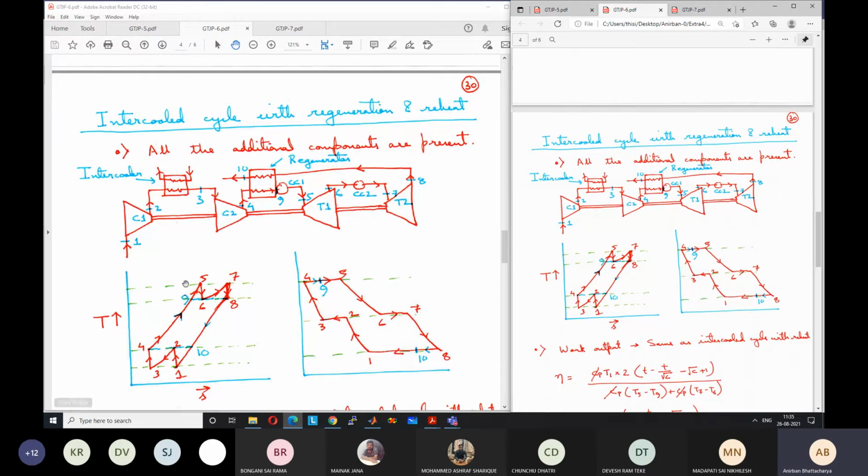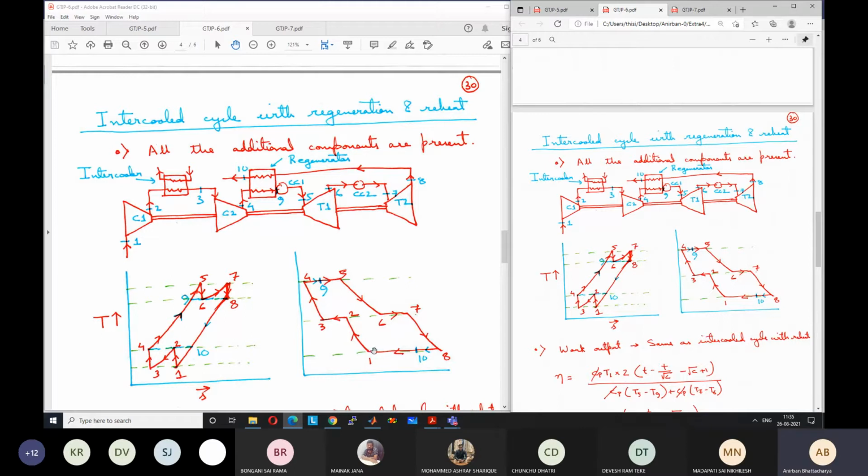Ultimately we have a large scope for regeneration. So regeneration is very effective with intercooling and reheating, because you get a very large range of temperature for regeneration to occur.